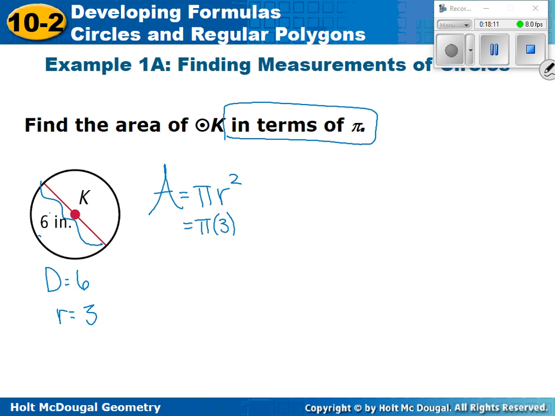Pi times 3 squared. Don't use your calculator. What's 3 squared? 9. Leave it in terms of pi, so pi goes at the end. 9 pi. What are the units? Inches squared because it's area. So again, treat pi just like an x, unless you're going to type it in on your calculator and then you'll use the pi button. Any questions on those? Okay.